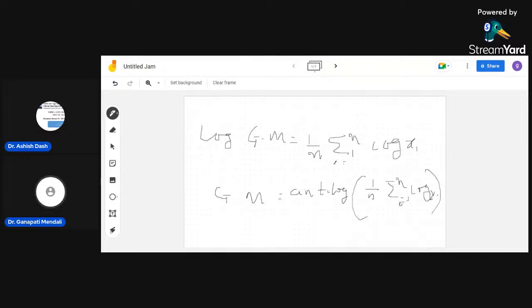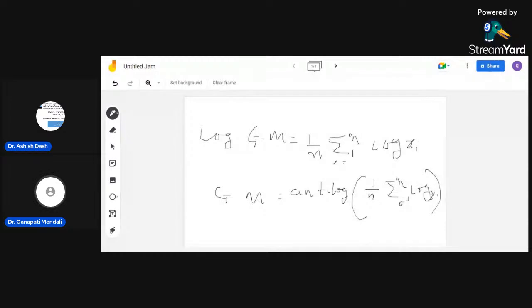For a continuous series also we can have this value. For the continuous series, we take the midpoint of the class, that is mi. So 1 by n, summation i from 1 to n, fi, the frequency, times log mi. That is the same.